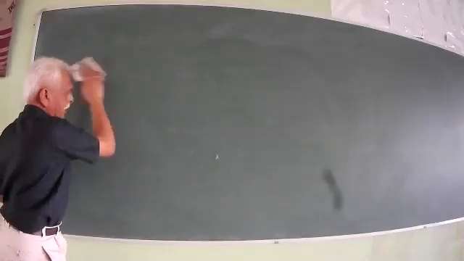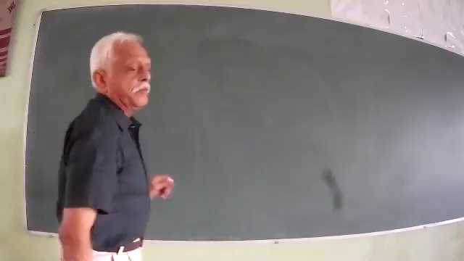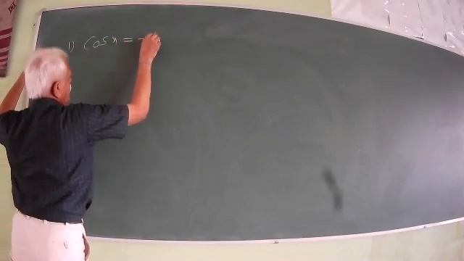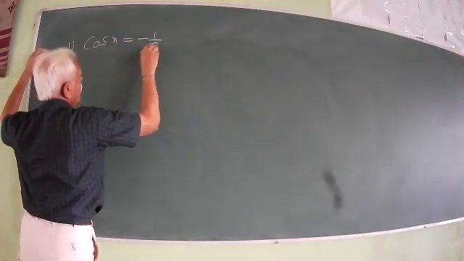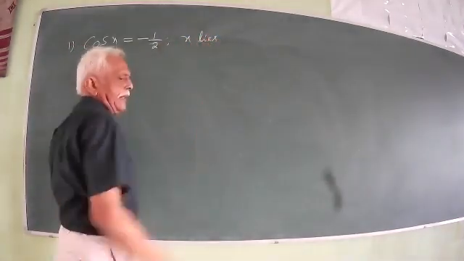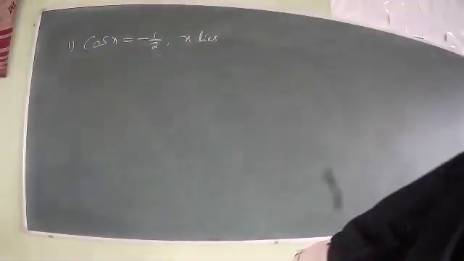I explain both methods, whichever is easy you can follow. Problem number 1, cos x is equal to minus 1 by 2, x lies in Q3.